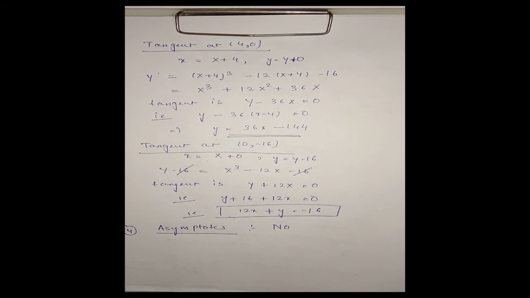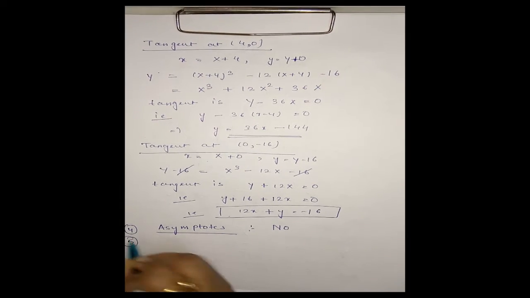Here the highest degree term is x cube, and we replace x by 1 and y by m in order to find m. Therefore we have no asymptote.